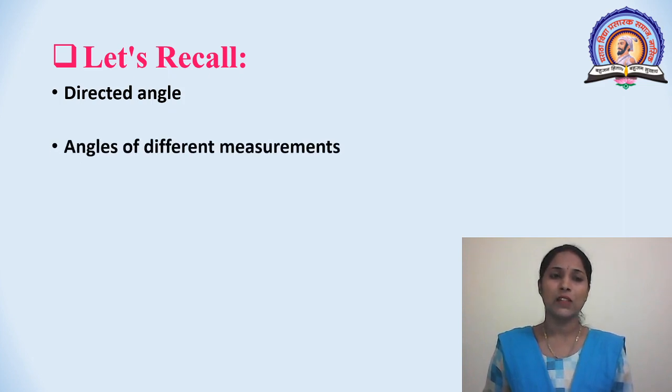Second, angles of different measurement, that is, there are two measures, degree measure and radian measure, that is the sexagesimal system and the next unit of measurement of an angle, that is degree measure and radian measure.